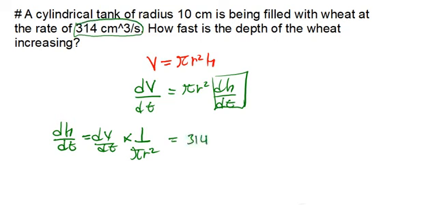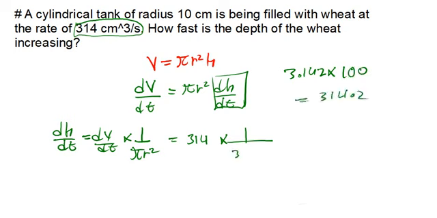We have been given 314 centimeters cubed per second. We multiply by 1 over pi, which is basically a constant, 3.142, then we multiply by r squared, which is 100, giving us something like 314.2.